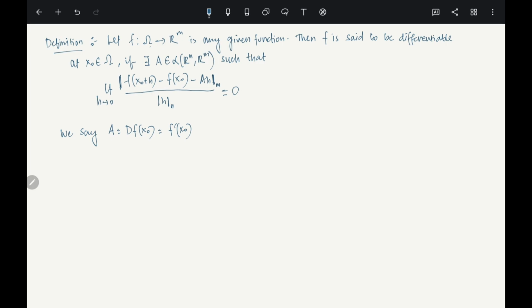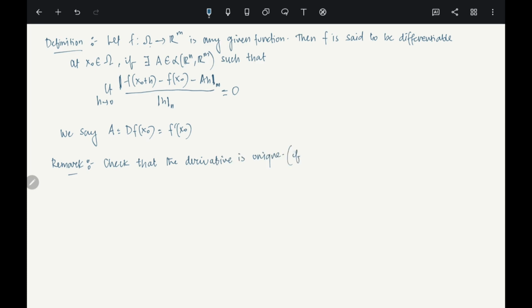Now with this definition, of course we know that if the derivative exists, so small remark, please check that the derivative is unique, okay. So basically if it exists, it is unique.